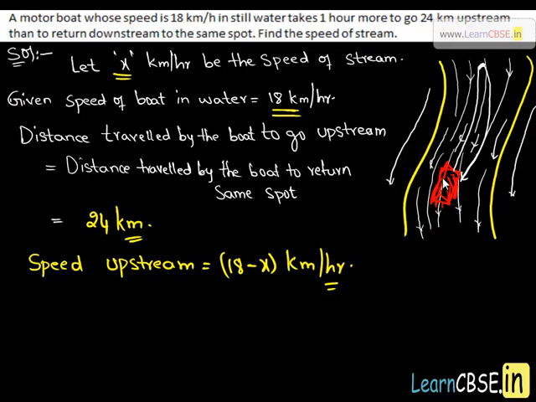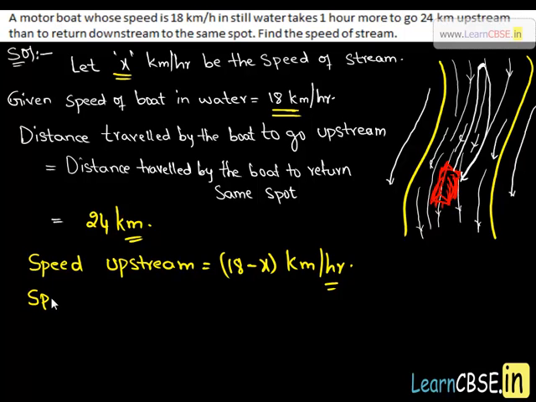Therefore, its speed gets decreased by x. So its actual speed is speed of boat in still water minus speed of stream, that is x kilometers per hour. Totally, speed of boat while sailing upwards is 18 minus x kilometers per hour.